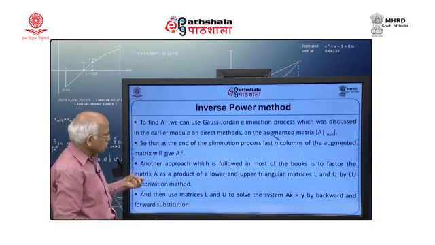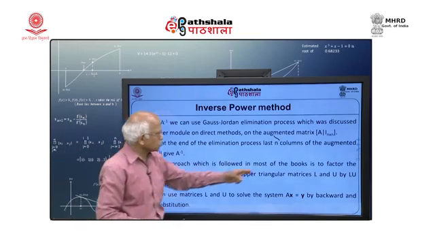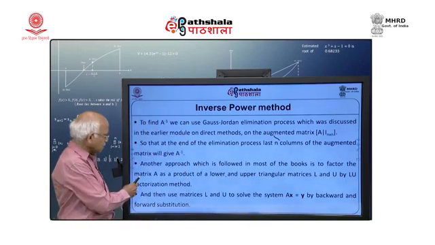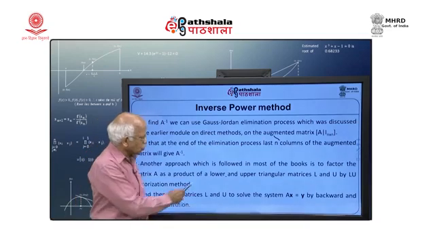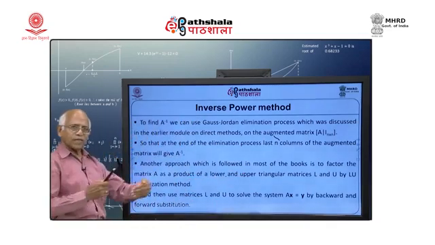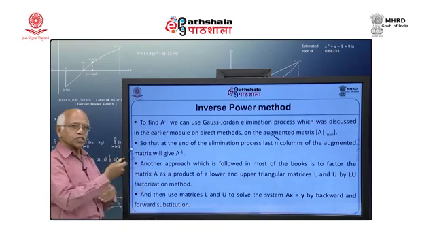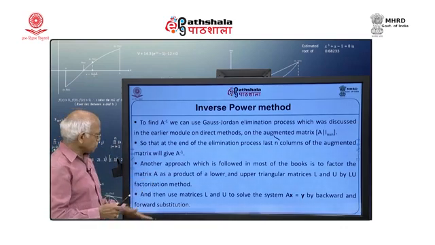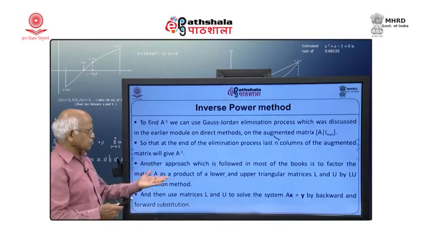Another approach, followed in most of the books, is to factor the matrix A as a product of lower and upper triangular matrices L and U. Once you find L and U, solving the system A x bar equal to B bar becomes easier by forward and backward substitutions.